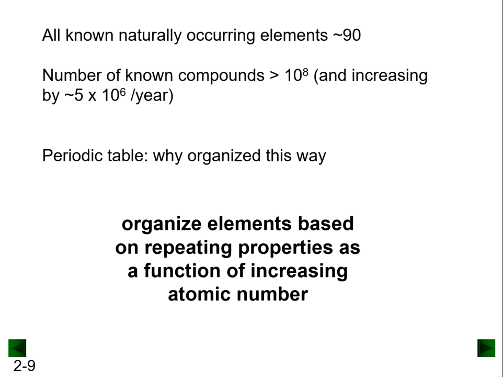The key to remember is the elements are organized based on repeating properties as a function of increasing atomic number. And so we'll see that the elements that have similar chemical and physical properties are grouped together, and you get this repeating order as the atomic number increases.